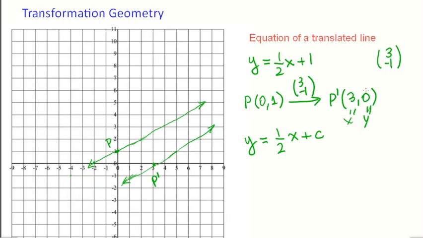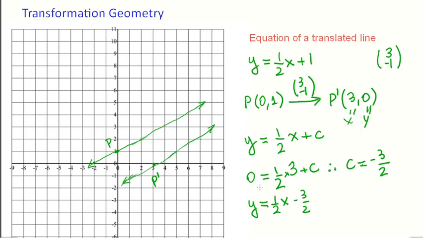So when y is 0, x is 3. So here I can find that c would be -3/2. And then I can just write my new equation. It's the same gradient minus 3/2. That would be the equation of our translated line.